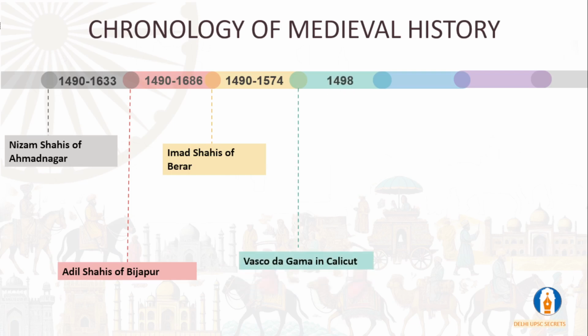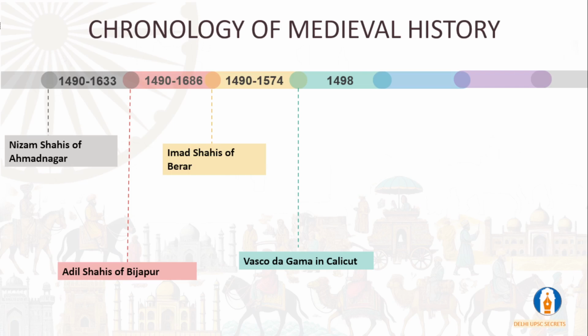1498 is when Vasco da Gama, the Portuguese sailor, enters the Calicut region. And this is a connection to modern history later, because medieval history talks about various events happening between around 700 AD to the 1700s, right?